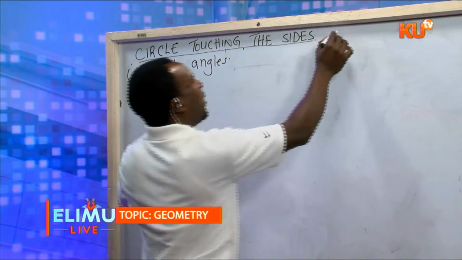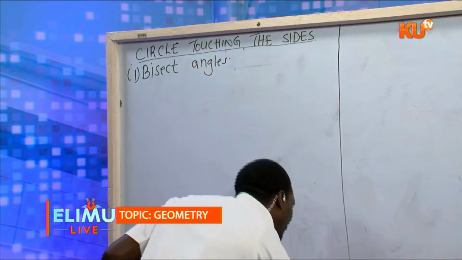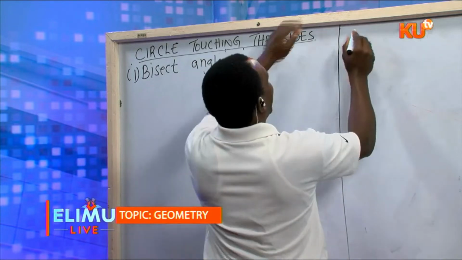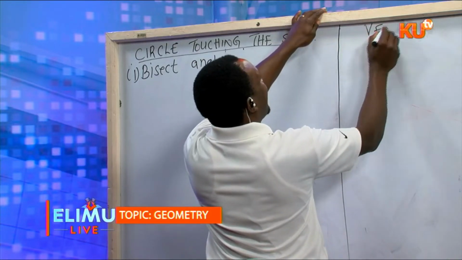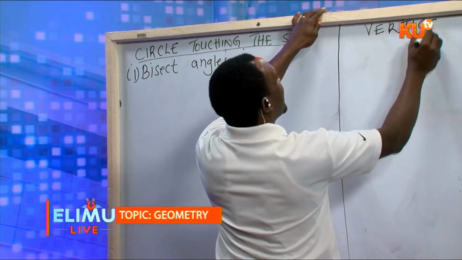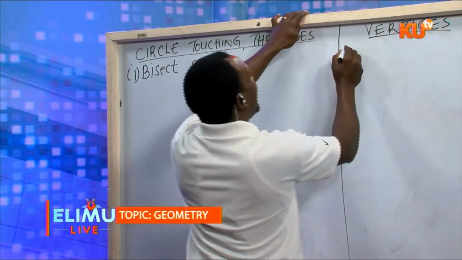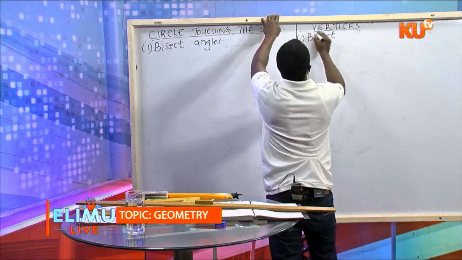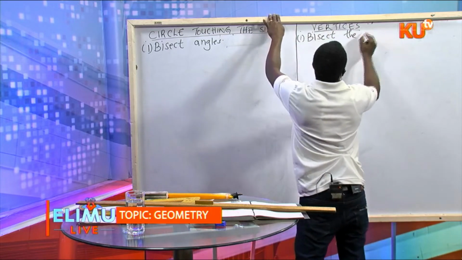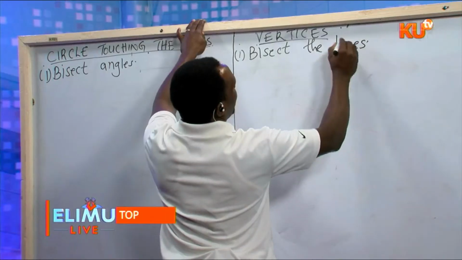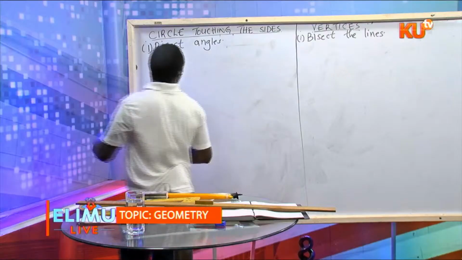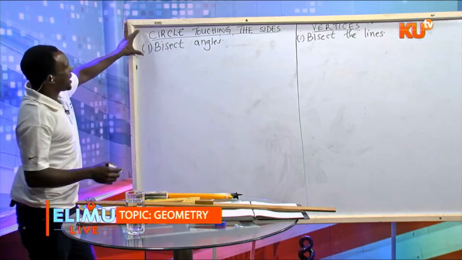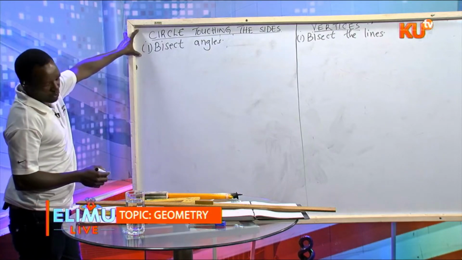The other one was for touching the vertices, and for touching the vertices, we have said you bisect the lines. You bisect lines for that one, but for this one you bisect angles.